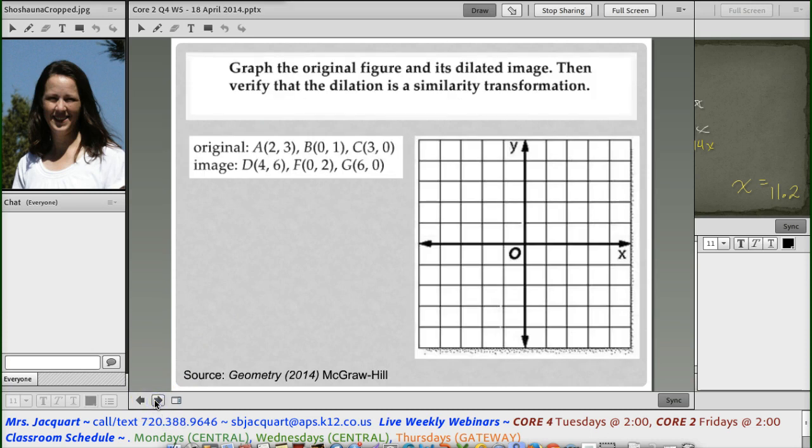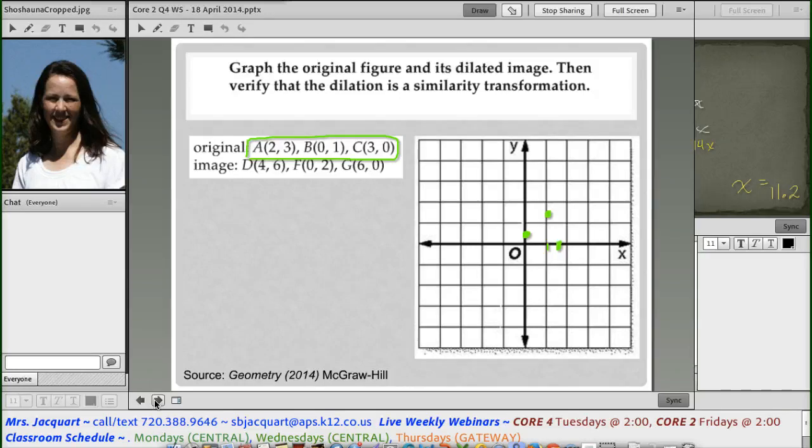Okay. Graph the original figure and its dilation. So I'm going to do the original figure in green. And I need to be able to get to 6. 1, 2, 3, 4, 6. So we're going to go by 2s. So we go over 2. It's my first dot. 0, 1, 3, 0.